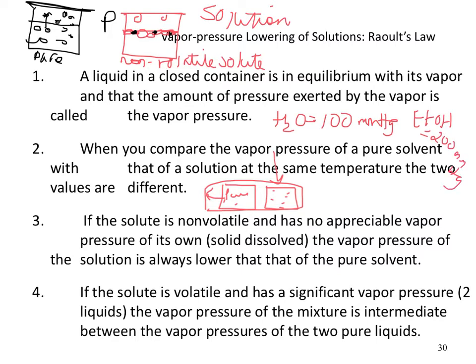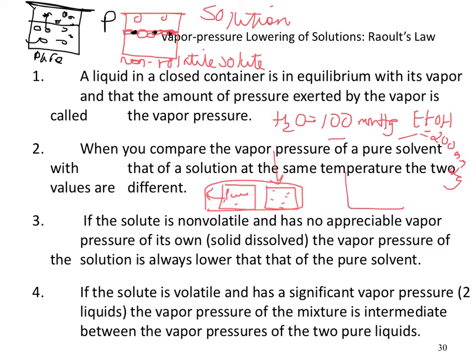And now we make another solution that contains both water as well as ethanol. Since ethanol and water are present together in a specific ratio, you would see that the overall vapor pressure of the liquids in the system is also going to be intermediary between water and ethanol.